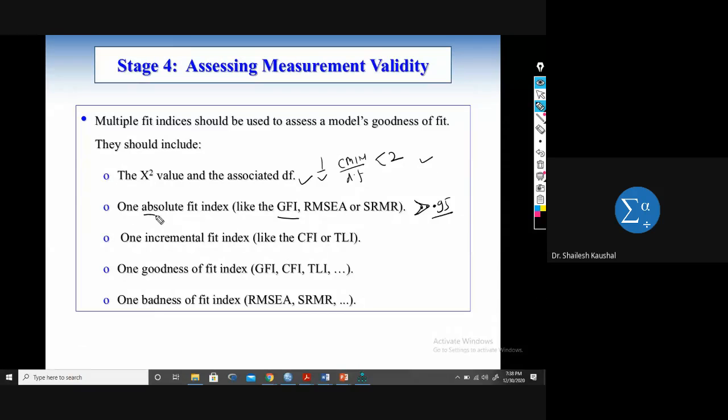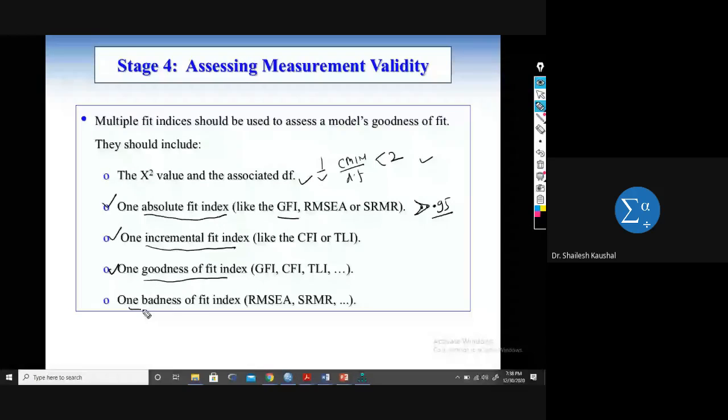There are 3 goodness of fit indices: the absolute fit index, incremental fit index, and the parsimonious fit index, and one is the badness of fit index.